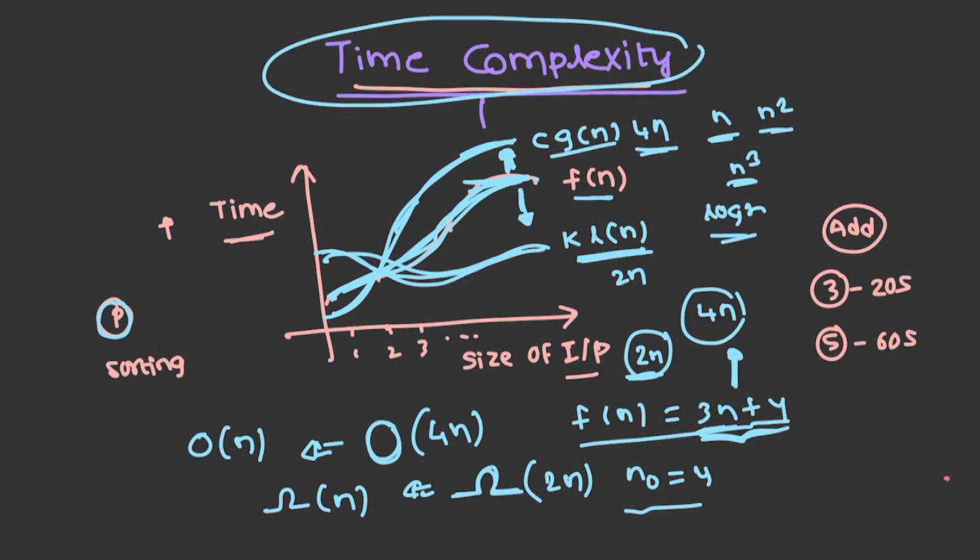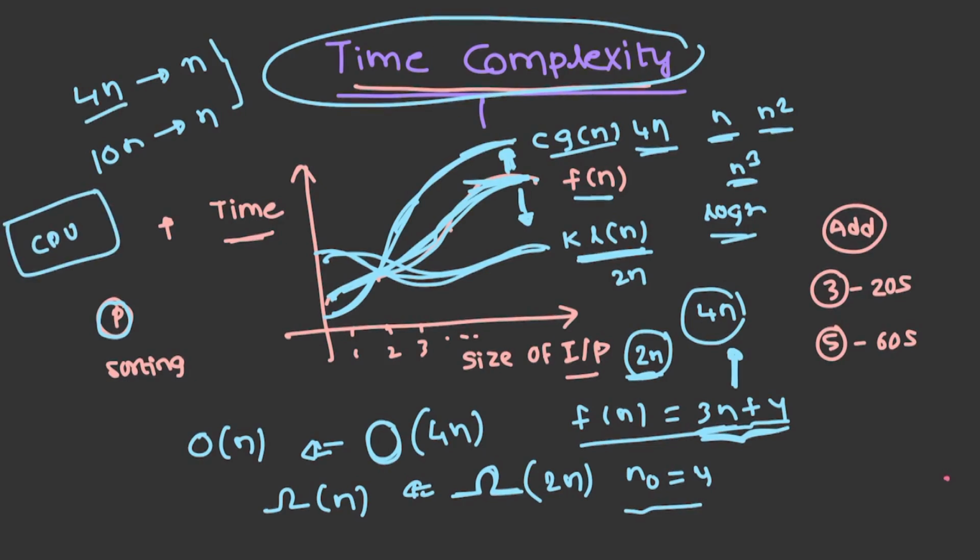If your complexity turns out to be 4n, it can be treated as n. If your complexity turns out to be 10n, it can be treated as n. This can be done as such because we can actually choose a CPU or a processor where this task will be divided between the 4 processors and can be completed in the time taken to perform n operations.